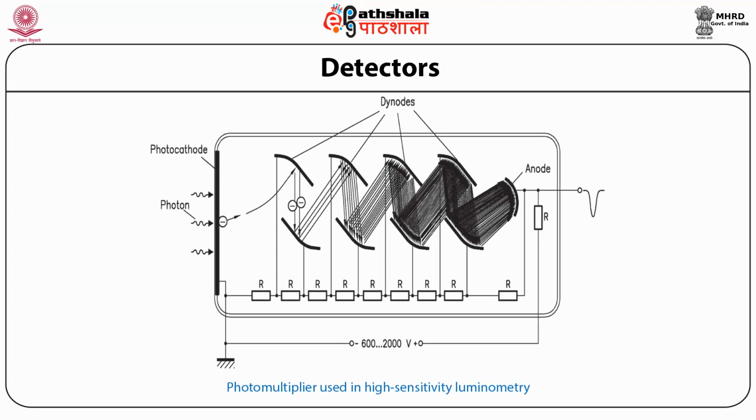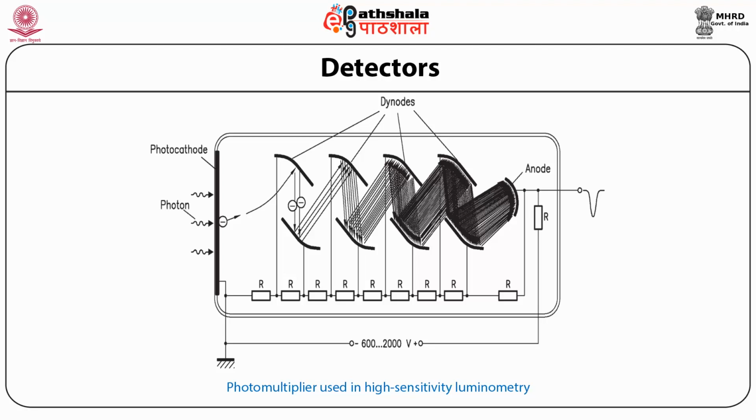Photomultiplier tube. The figure shown here is a high sensitivity photomultiplier tube used in luminometry. In a photomultiplier tube, all the electrons released from the photocathode practically hit the first dynode, where a number of secondary electrons are generated, roughly between 4 to 6 electrons for each hit. These are then accelerated to the next dynode, and so on.